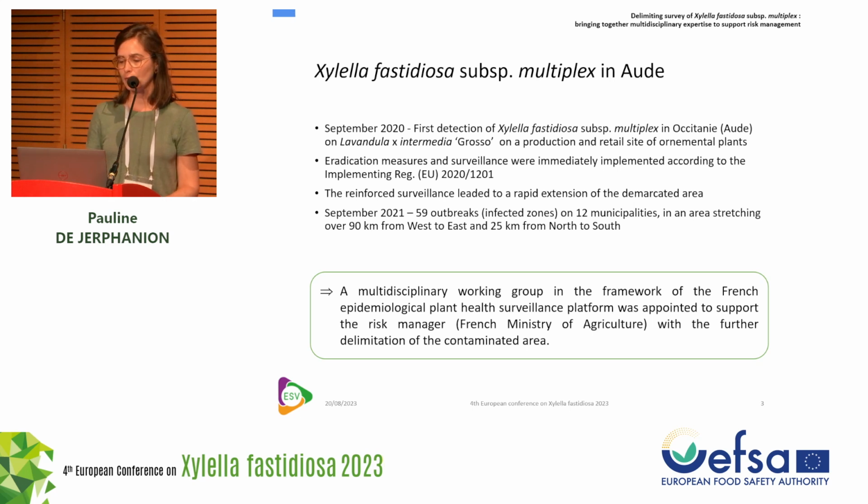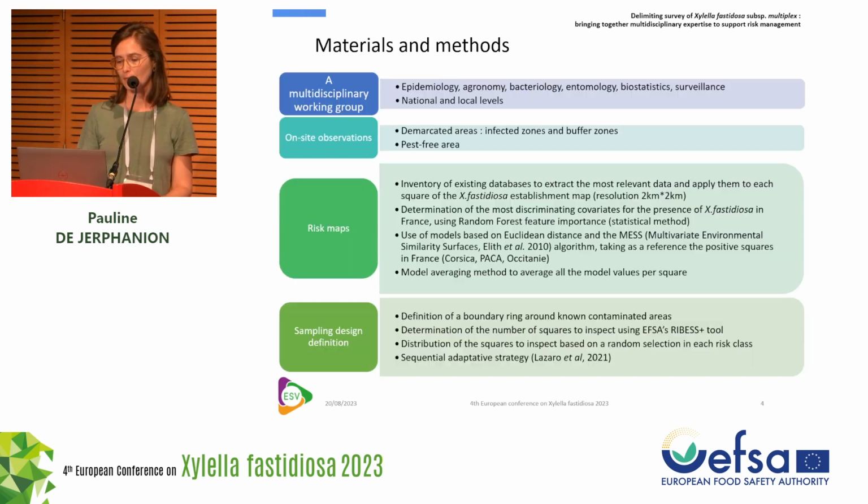One year later, the demarcated area was over 90 kilometers from west to east and 25 kilometers from north to south. That's why the risk manager, the French Ministry of Agriculture, asked a multidisciplinary working group to support further delimitation of the contaminated area.